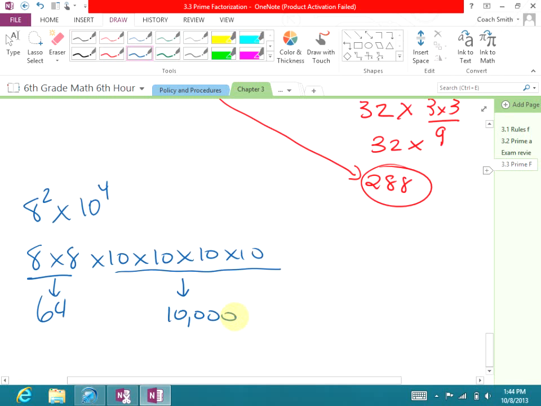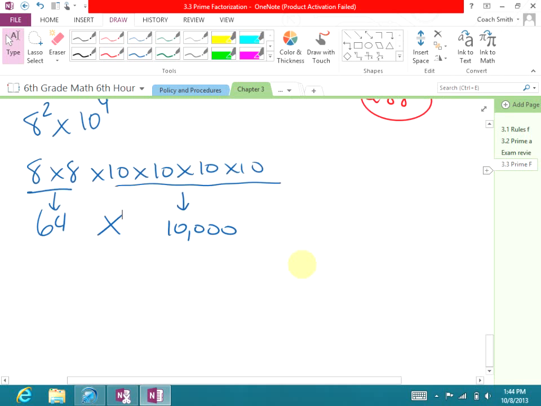It's just one with 4 zeros after it. 64 times 10,000 is 640,000. The reason is that I have 1, 2, 3, 4 zeros. So for 64, I just put 4 zeros after it, because there's no decimal involved.